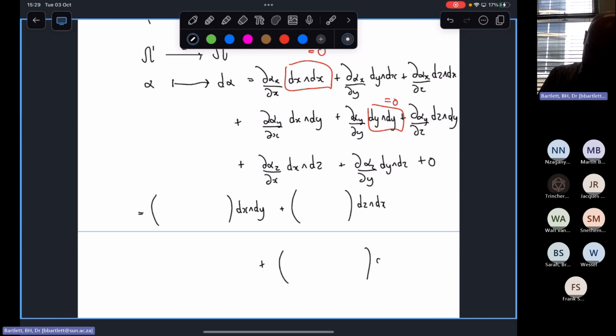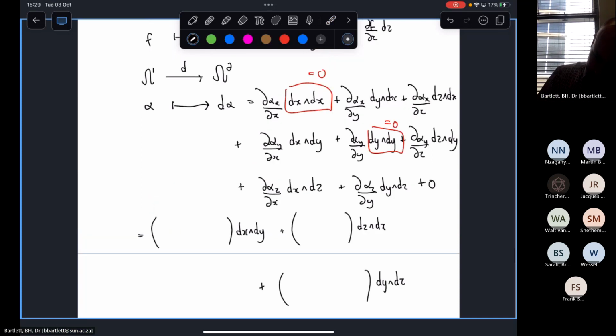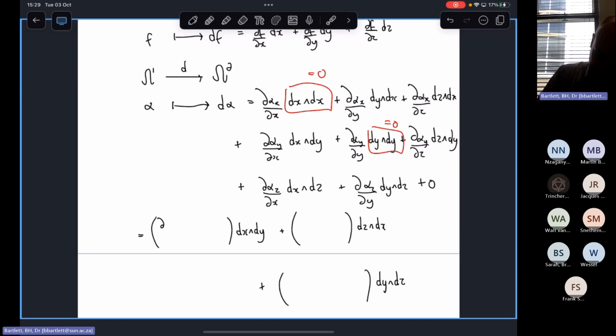Plus something times dy wedge dz. What is the thing that's multiplying dx wedge dy? This guy here is going to appear with a minus sign, and this guy here is going to appear with a plus sign. So I get ∂α_y/∂x minus ∂α_x/∂y.